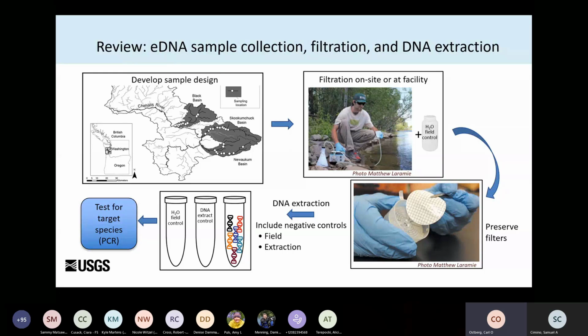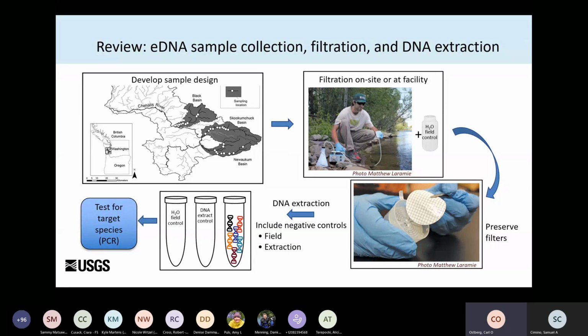DNA extraction is typically done using commercial kits, but there are other methods. And during the DNA extraction process, we're going to include a DNA extraction negative control. This control contains no DNA, and it can tell us whether there's contamination during the DNA extraction process. So what you're seeing here is that there are negative controls incorporated into important stages of the process.